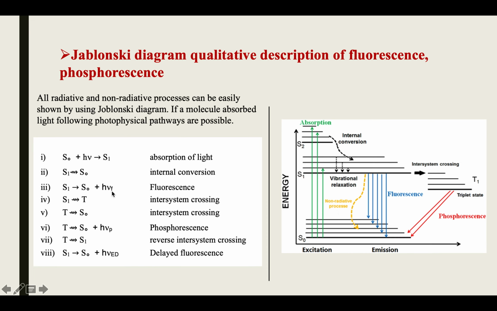The photon of the fluorescent molecule we denote by h nu F, where nu F is the frequency of fluorescence. Now the fourth transition is from S1 to triplet state T1. This is a non-radiative transition we represent by intersystem crossing, that is ISC. Then from triplet to S0, this transition can happen in two ways, either radiative or non-radiative.